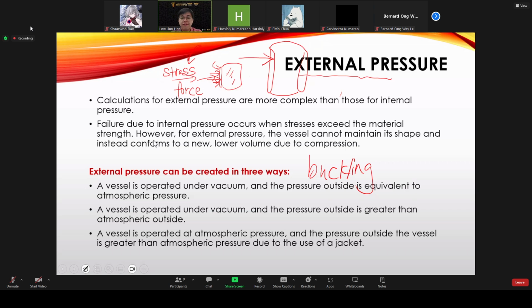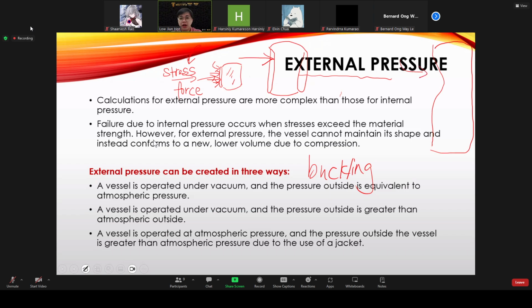initially the surface of the wall here is flat. But if the external pressure outside the pressure vessel is larger than the inside, what will happen is the force will try to push the outer surface and make the outer surface, the shell or the wall of the pressure vessel, become like this. Why?